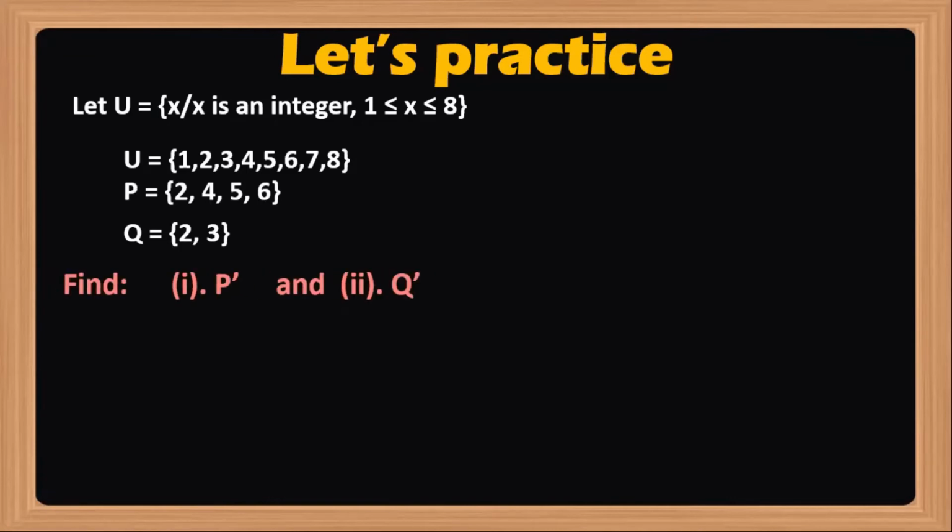Now, let's find for the P complement. P complement. What do you think is the answer to P complement? Ibig sabihin, all the elements in the universal set na wala kay P. Sige, let's try to solve.